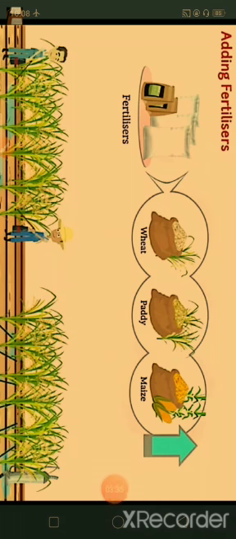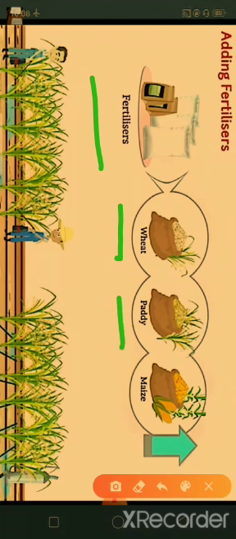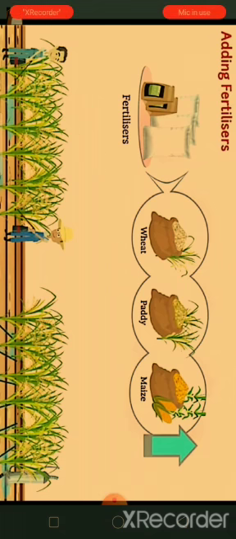Using fertilizer, one can increase the yield of wheat, paddy, maize. So the production is increased significantly by adding fertilizer.